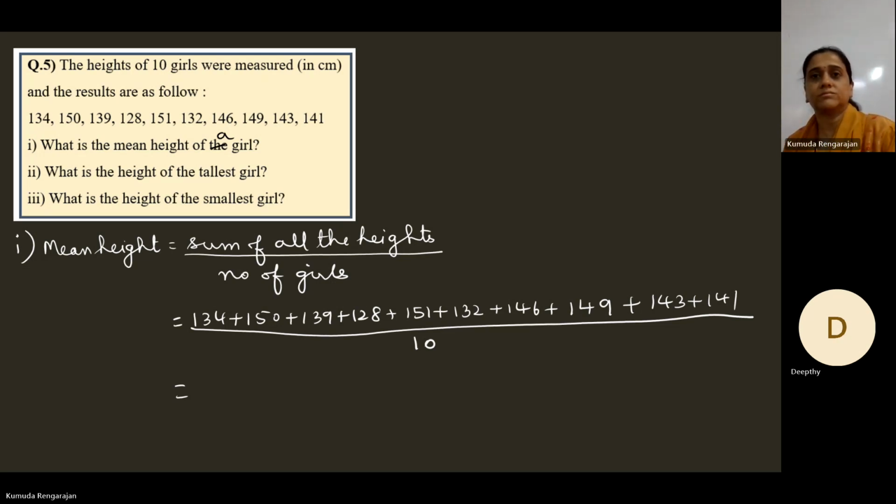What's the total? Danya, what is the total? The total of the numbers in the numerator. 134 plus 150 plus 139, 128, 151, 132, 146, 149, 143, 149. Let me check.